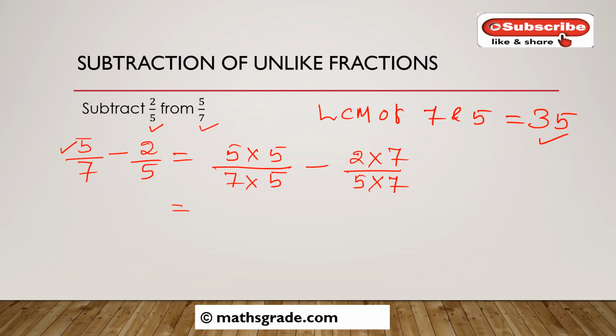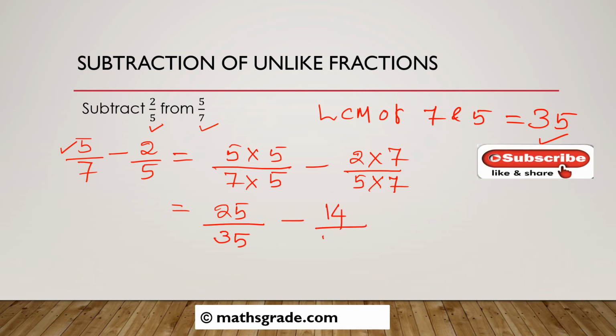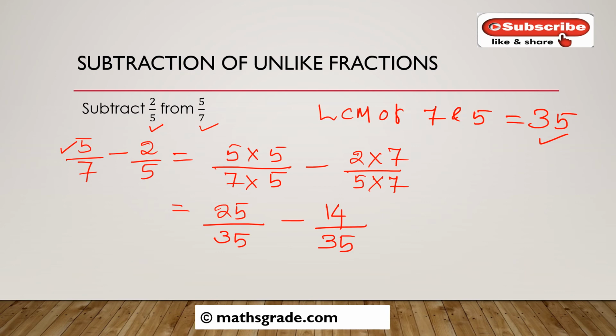Now we find the multiplication of the numerators and denominators. 5 multiplied by 5 is 25, and 7 multiplied by 5 is 35. Minus 2 multiplied by 7 is 14, and 5 multiplied by 7 is 35. Now both fractions are like fractions because the denominators are equal, that is 35.